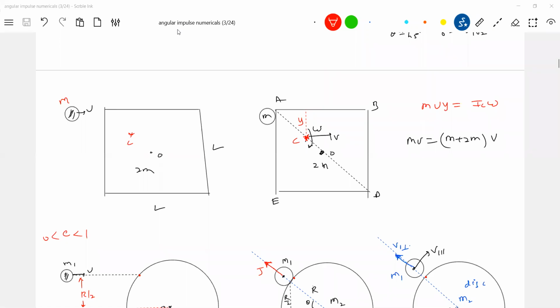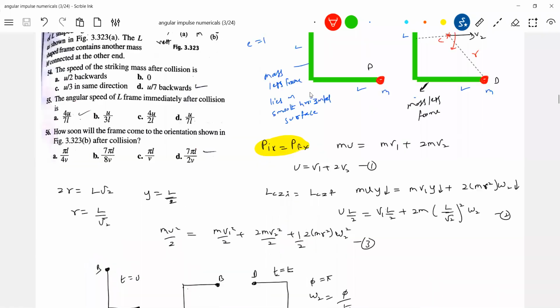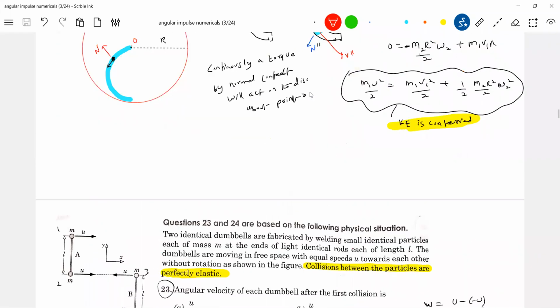Then write the equation. What you'll get? If we say that the rod is not rotating initially, then there's no omega about that axis for the rod, about that end. I'll explain here.